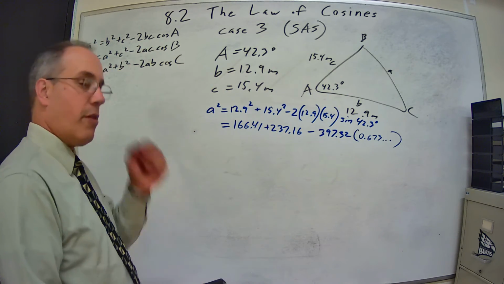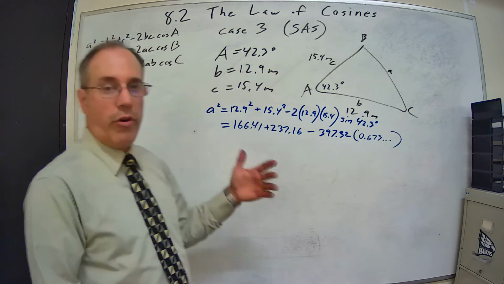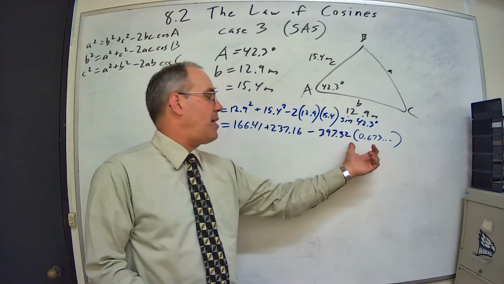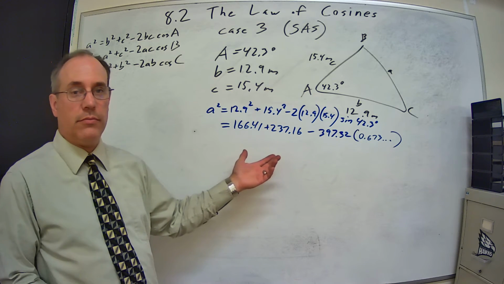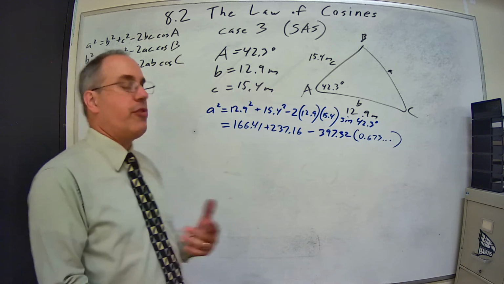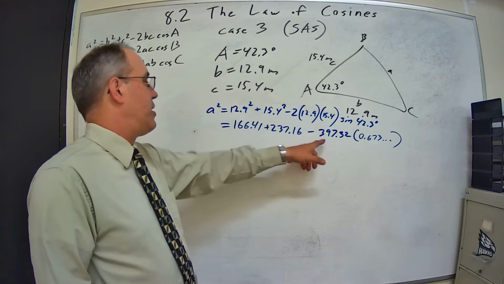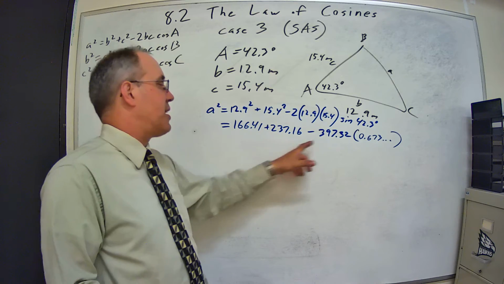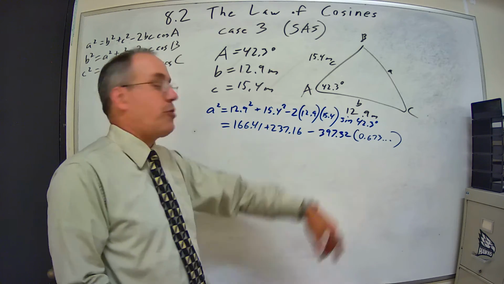Now something to take note of here is, be careful. Order of operations says multiply this before you add or subtract. I say this because a very common mistake at this point is that people get this and they add these together, subtract that, and then multiply it by this, because they go, oh, I can just add and subtract.